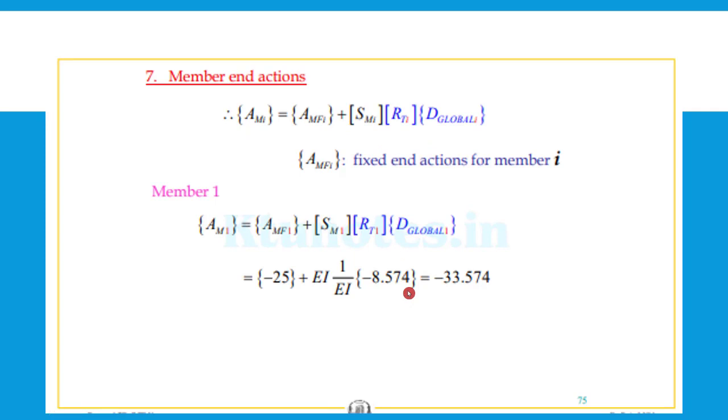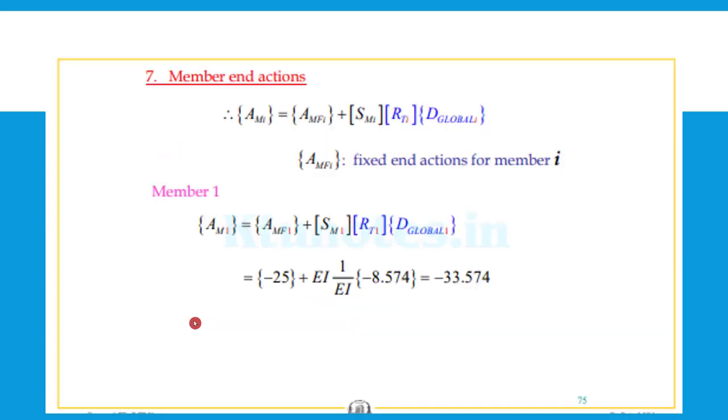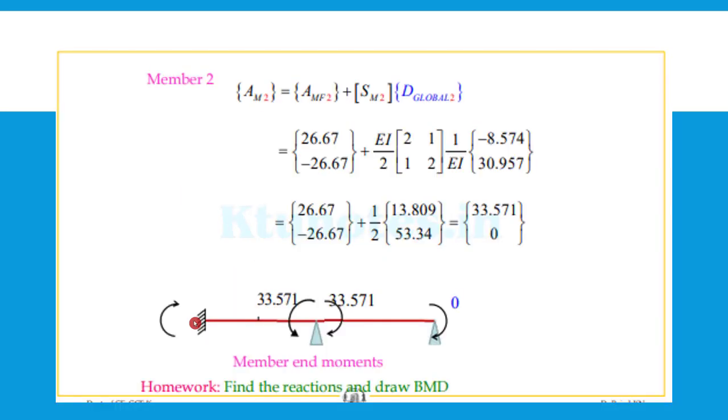Then the member end action AMi is equal to AMFi plus SMi into RT into D global. So AMFi has a value because it's a fixed end action. For member 1, the value will be minus 25 plus EI into 1 by EI into minus 8.574, which is equal to minus 33.574.